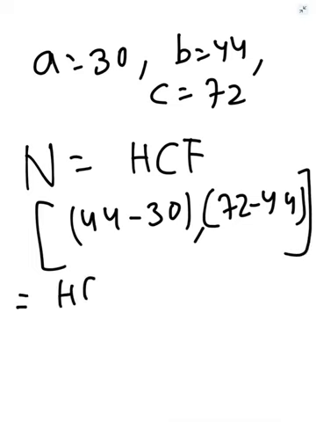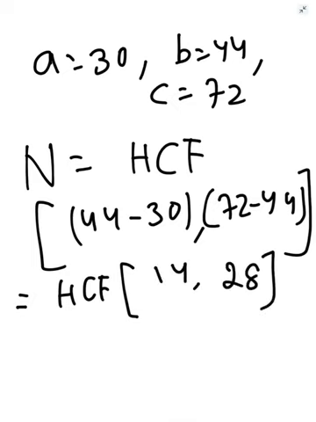That means HCF of 14 and 28. So the final answer is 14, which is the HCF of 14 and 28, which were the differences of 44 and 30, and 72 and 44.